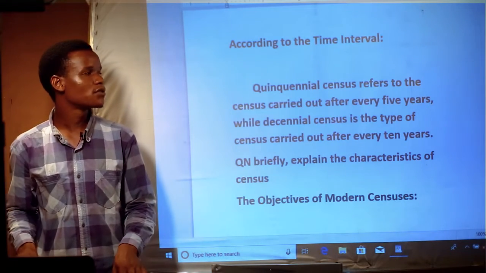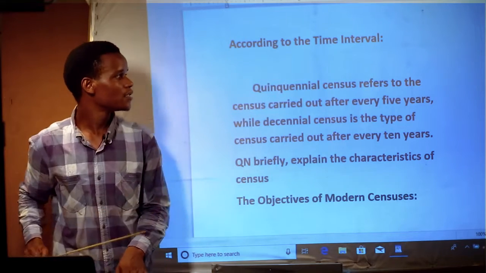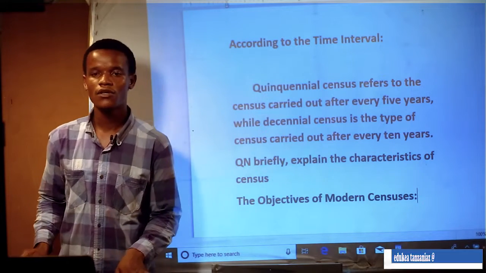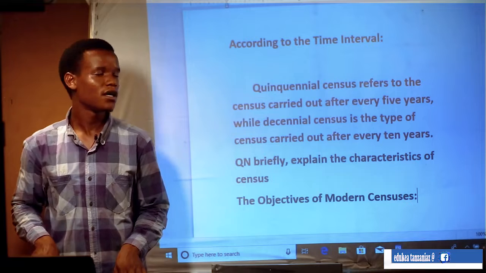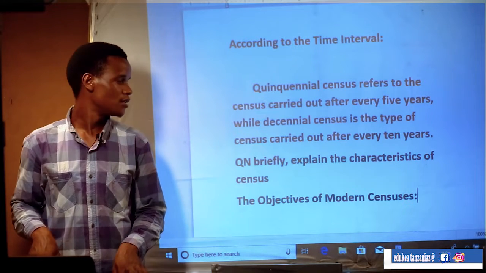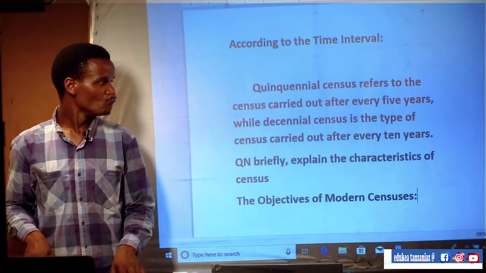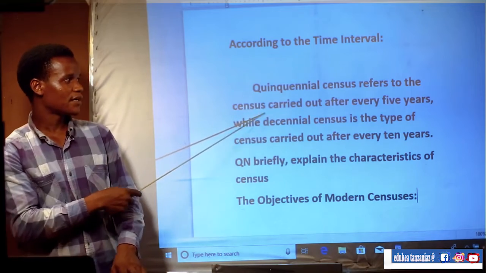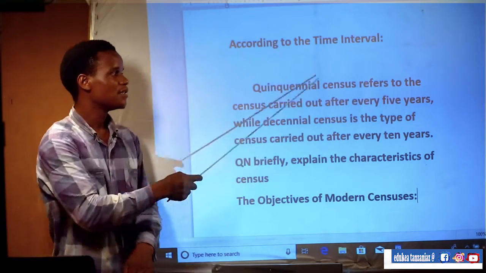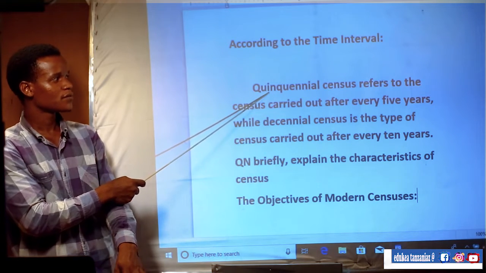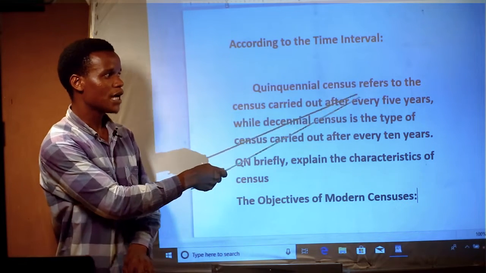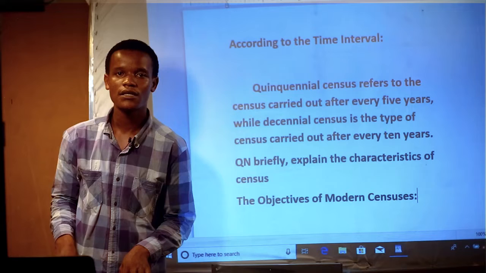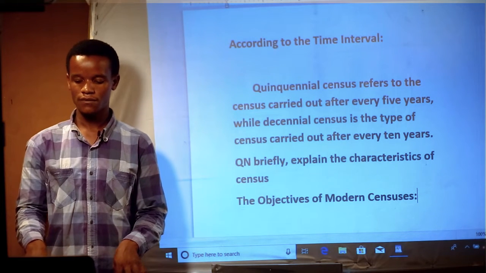Now let's see another approach, which is time interval. Census is divided by time interval into quinquennial and decennial. Quinquennial census is counted after every 5 years, while decennial is counted after every 10 years. So quinquennial refers to the census carried out after every 5 years.